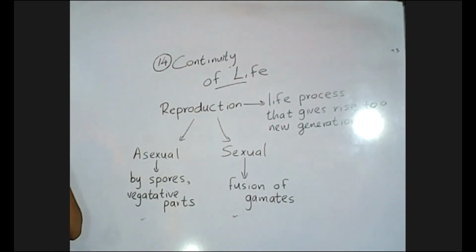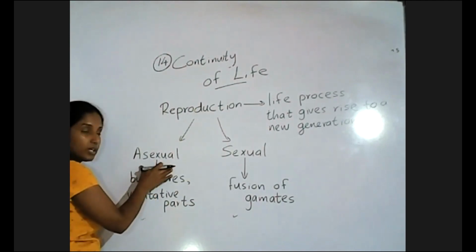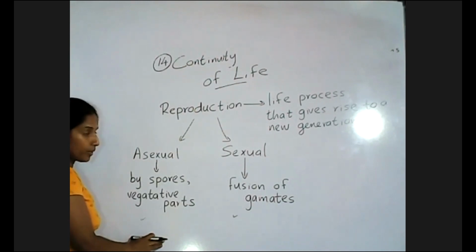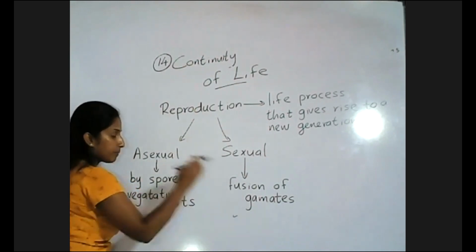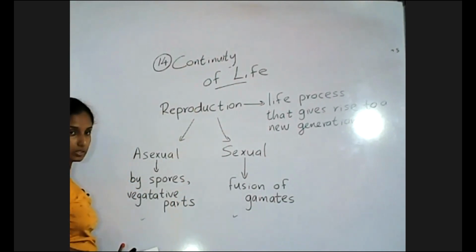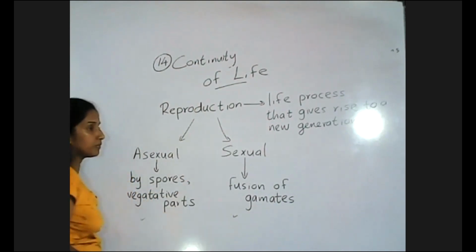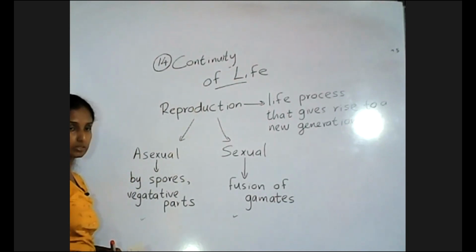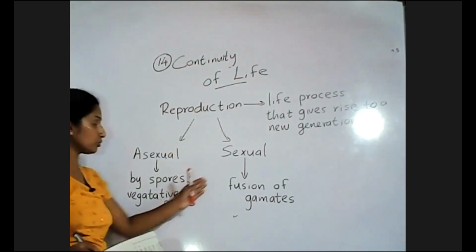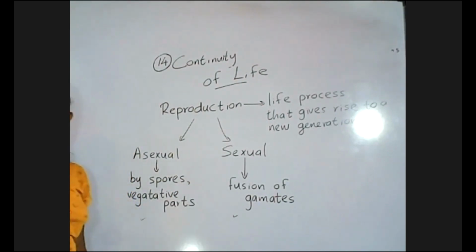Variations can occur. In asexual reproduction, no gametes are produced. In sexual reproduction, gametes are produced. Here only mitosis occurs. In sexual reproduction, both the mitosis and the meiosis occur. Meiosis should be there to form the gametes.